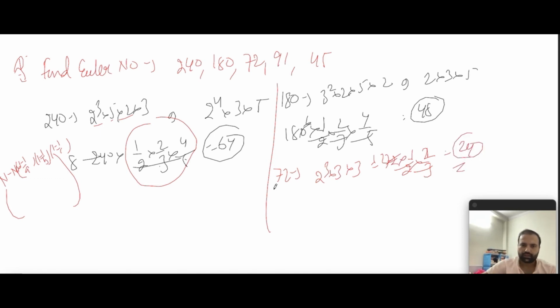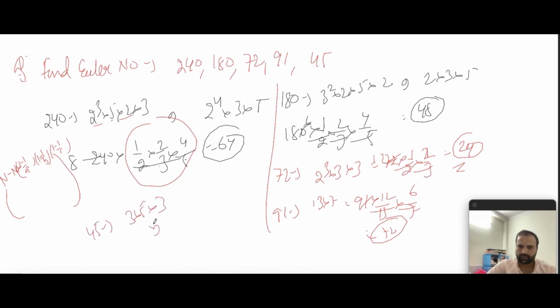Okay, 91 is 13 into 7, so 91 into 12 by 13 into 6 by 7 equals 72. And for 45, it's 15 into 3, so 3 into 5 into 3 is 45, into 2 by 3 into 4 by 5, that is 24. So that's how we find the Euler number.